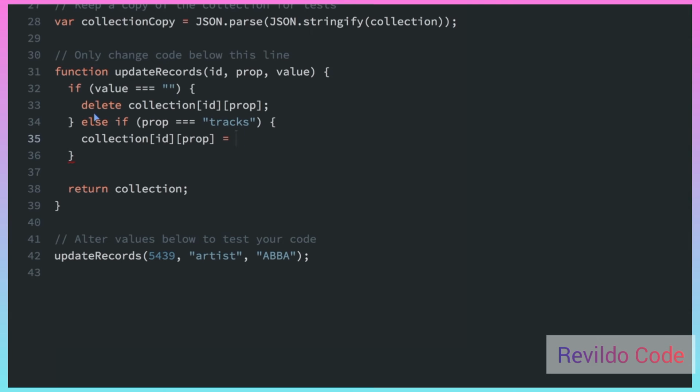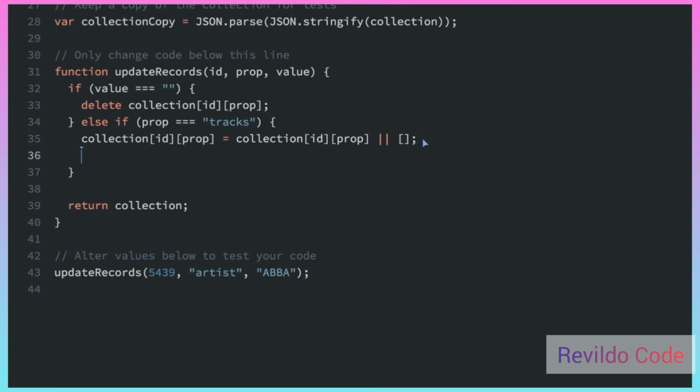I'll show you how. Collection ID prop, it's going to equal itself, or, that's the or operator, it's going to equal an empty array. So if this already exists, we're going to set it to equal itself. But if itself doesn't exist, we'll just set it to equal an empty array. So that's just a way to create that property if it doesn't already exist.